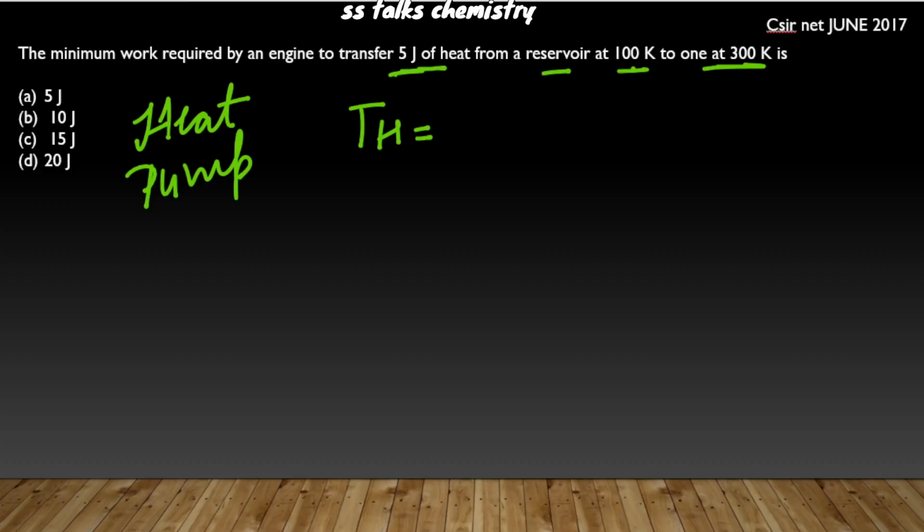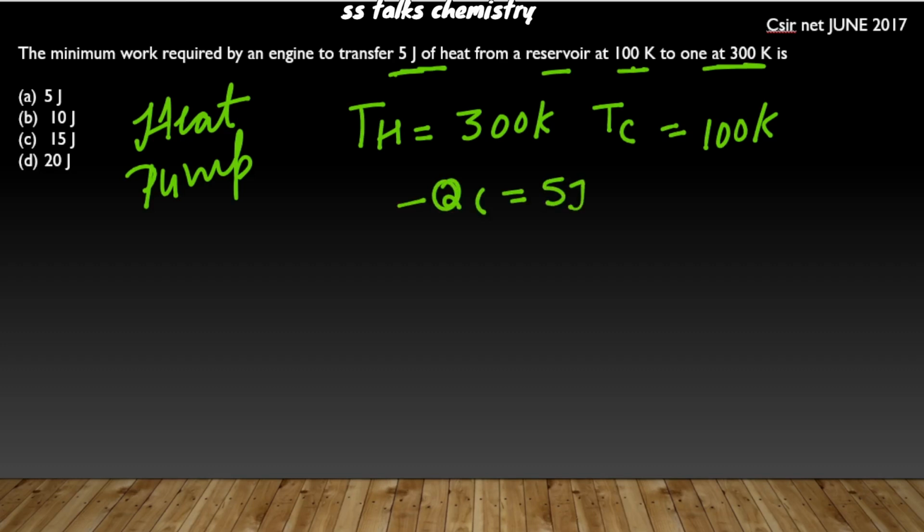So the temperature of the hot body is 300 Kelvin and the temperature of the cold body that we have is 100 Kelvin. Right. Now the amount of heat which is being transferred, that means minus QC, is given to us, which is equal to 5 joules.